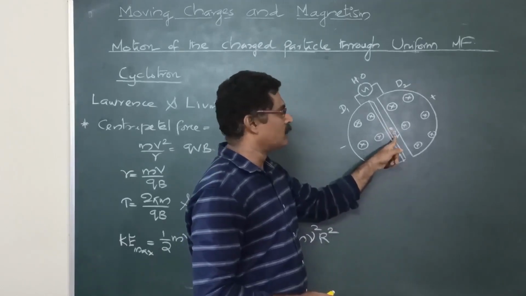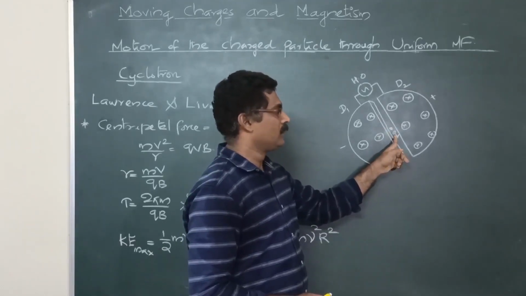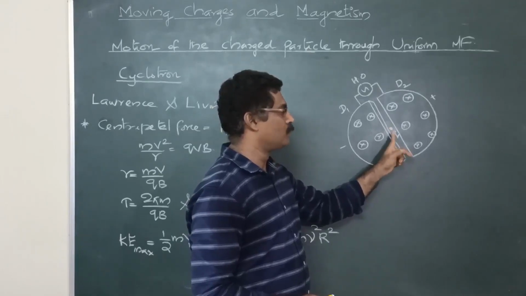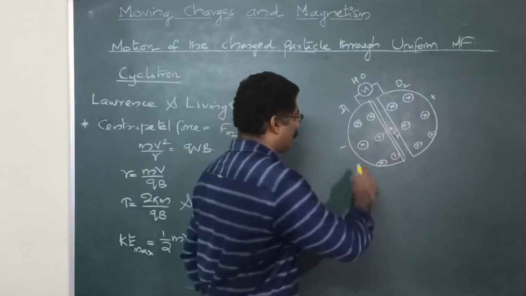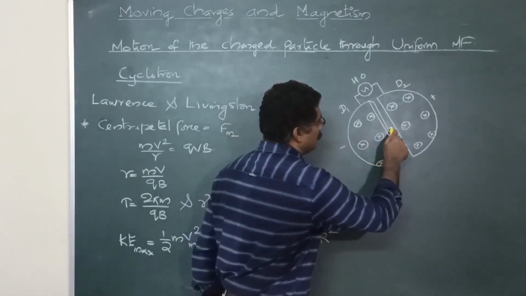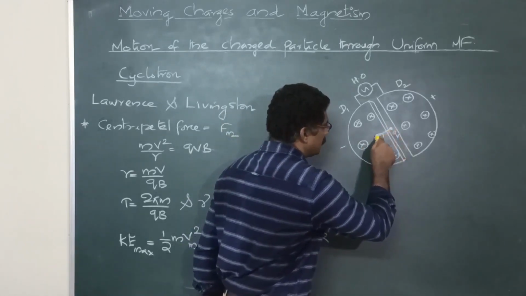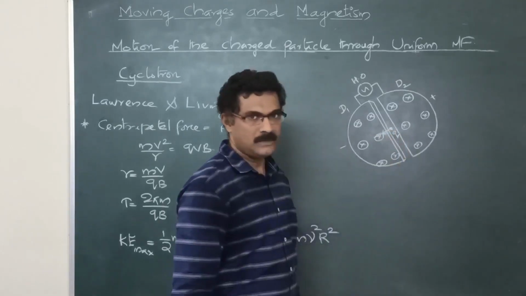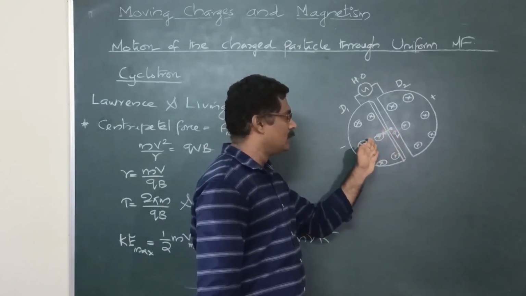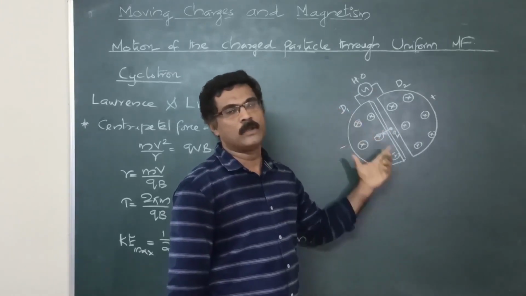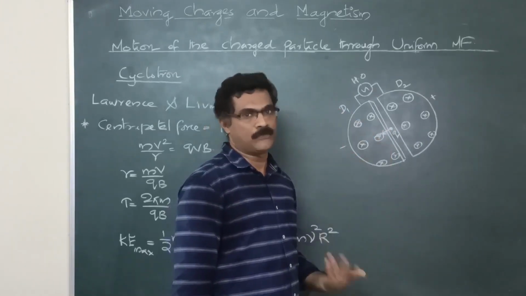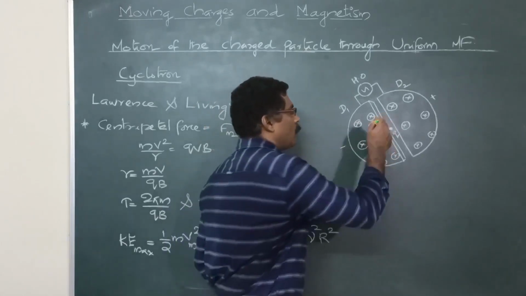So this positively charged particle, here we are accelerating a positively charged particle, will be attracted towards the negatively charged D and enter into the D. After entering the D, the electric field inside the D is zero because of the electrostatic shielding effect. So what is only there?